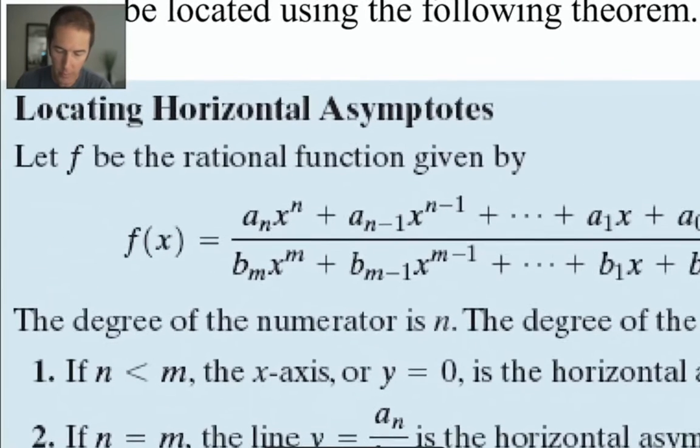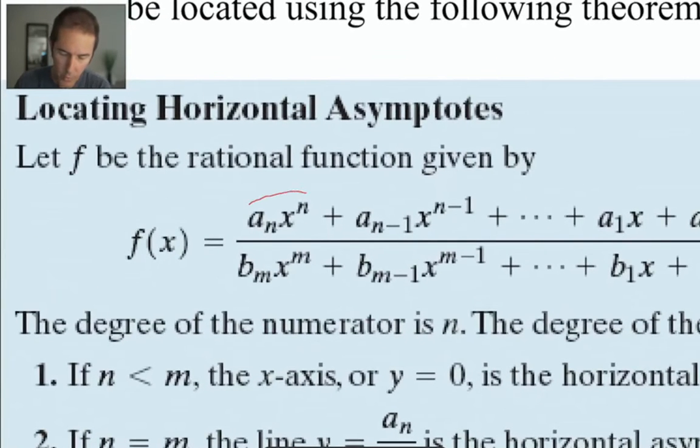The numerator is a polynomial of degree n, the denominator is a polynomial of degree m. It's the largest exponent in the numerator and in the denominator. Can n and m be different numbers, different degrees? Yes. Can they be the same? Yes. Okay.